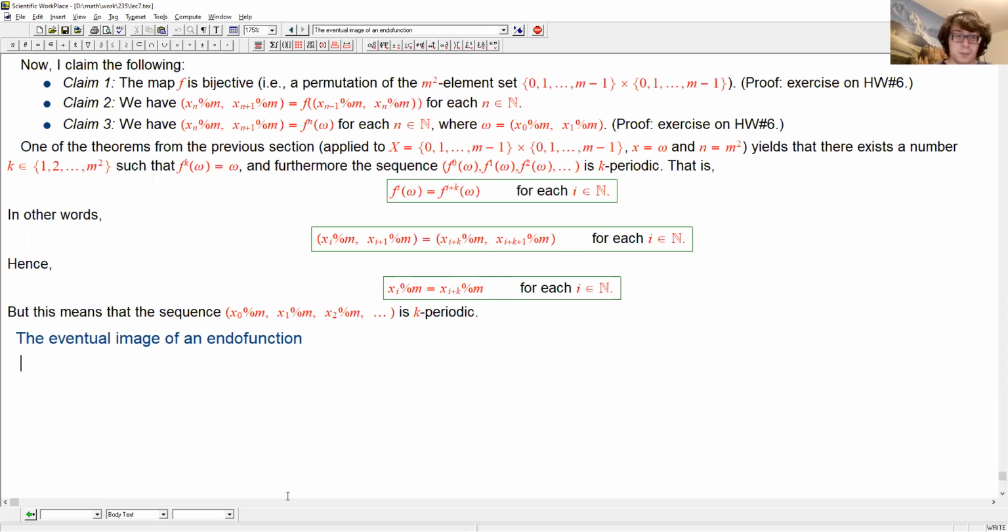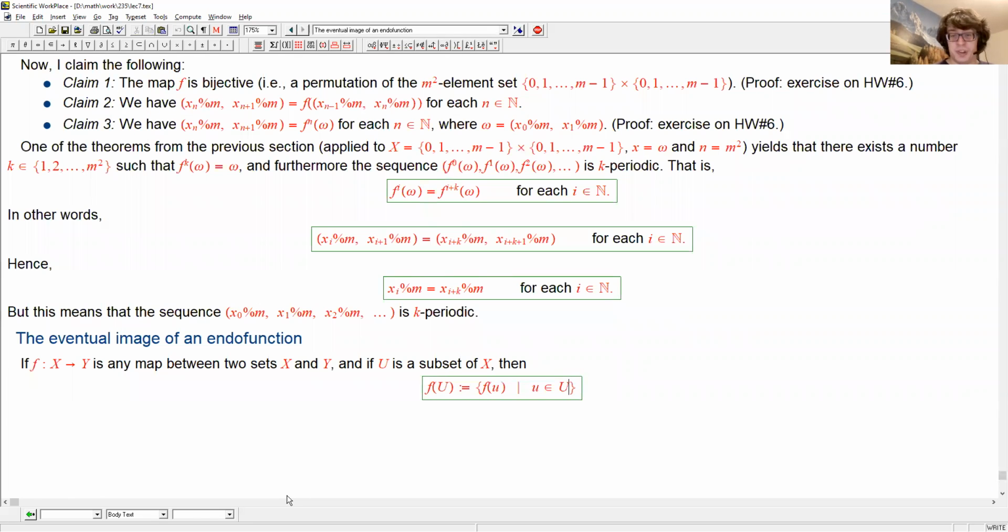First, a notation: if f from X to Y is any map between two sets, and if U is a subset of X, then f(U) is defined to be the set of all images of elements of U under f. This is a subset of Y, and is called the image of U under f.